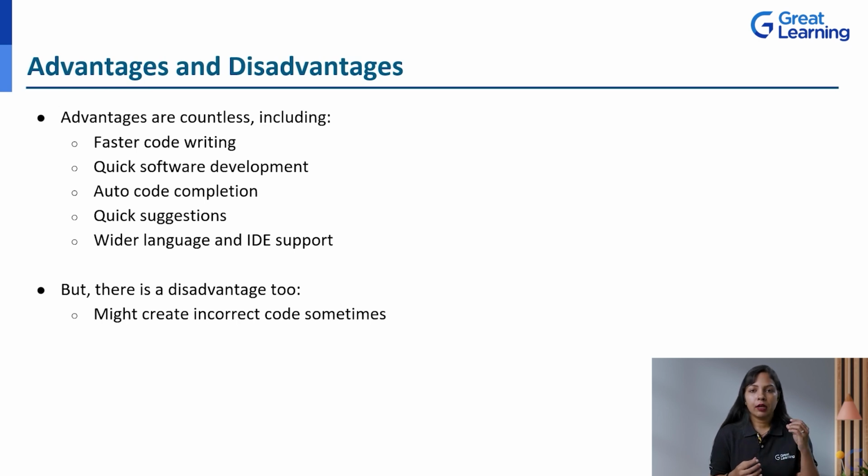Even if, suppose in a comment, just as a comment in any programming language, you write what application you're trying to develop, it will give you a basic code or basic idea. Suppose you want to write a program for linear search. You just write in a comment, program of a linear search. And within a fraction of a second, it is going to give you the code snippet for a linear search, right?